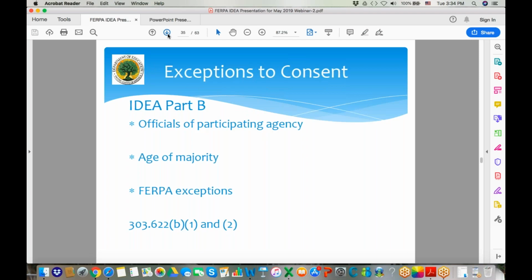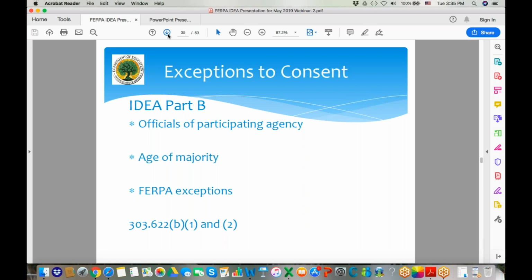In addition, under IDEA Part B, there are specific exceptions because children at some point become no longer treated legally as children in their state when they reach the age of majority. So in most states, that would be around the age of 18.